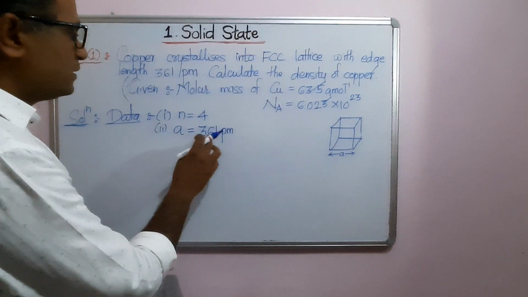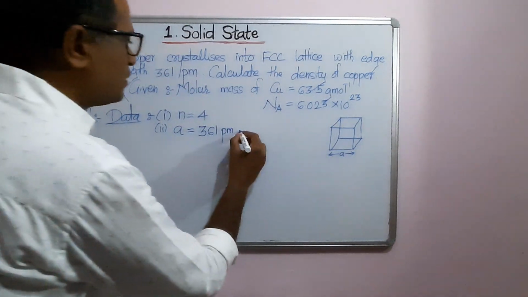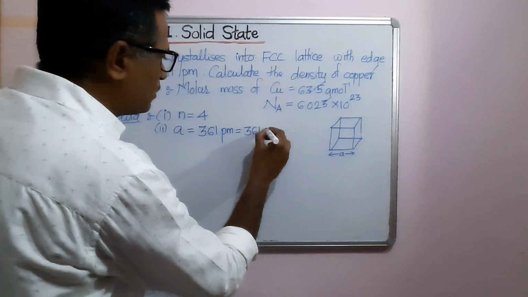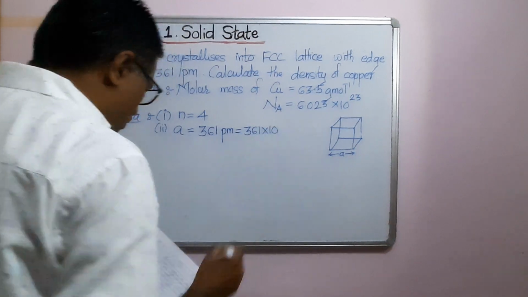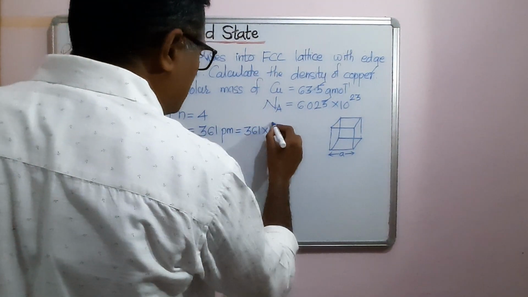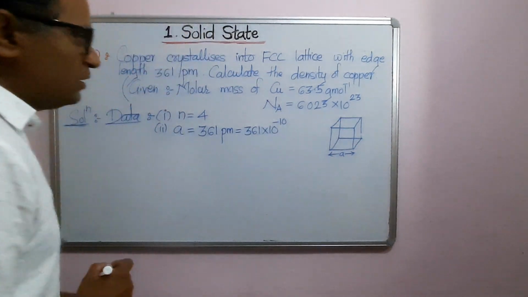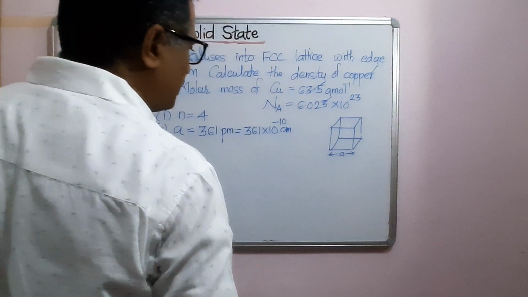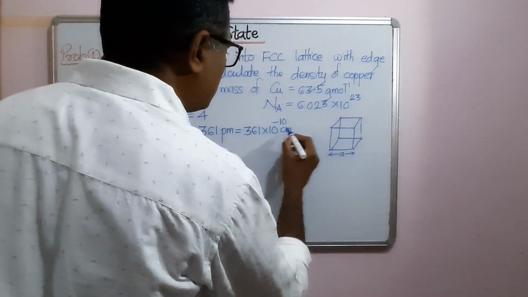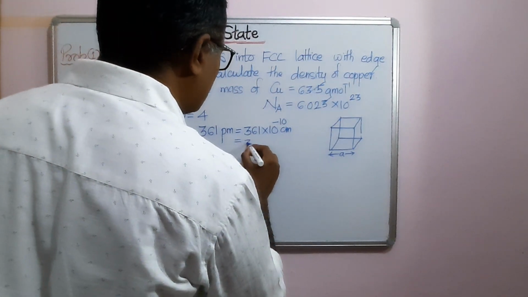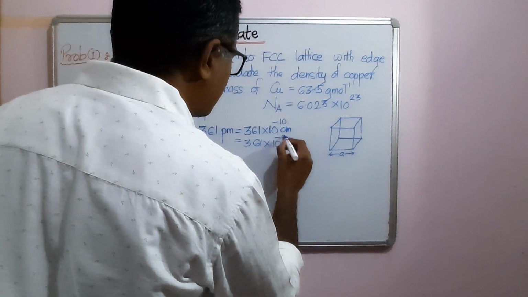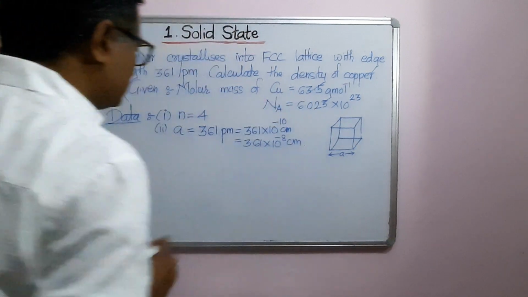So what I told you, convert this picometer into centimeter. So 10 to the power minus 10 centimeter, or you write 3.61 into 10 to the power minus 8 centimeter.